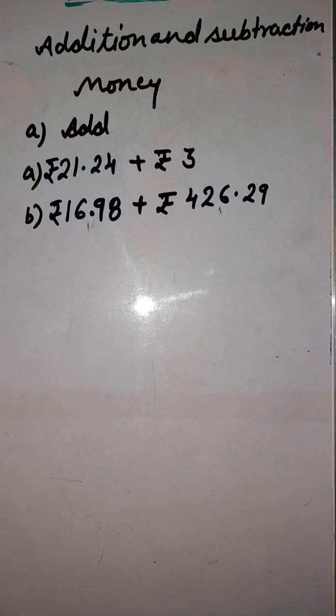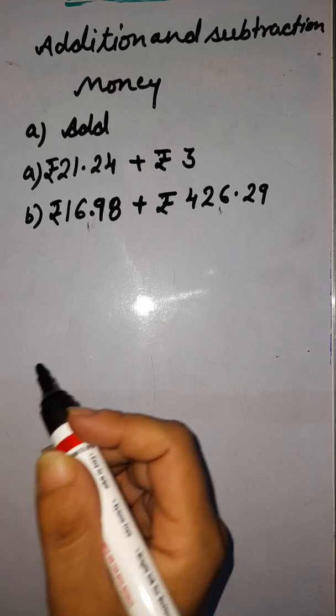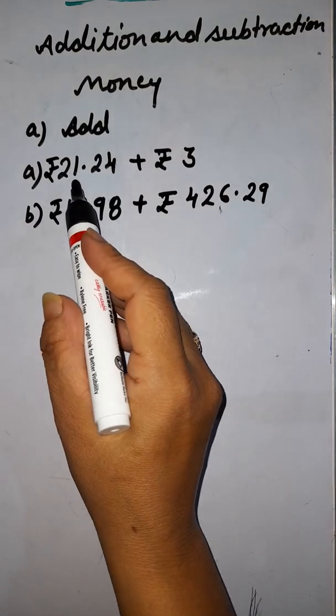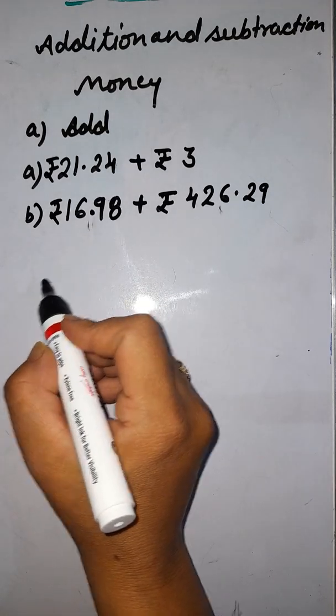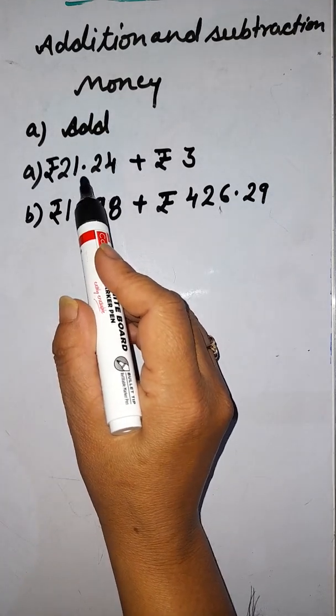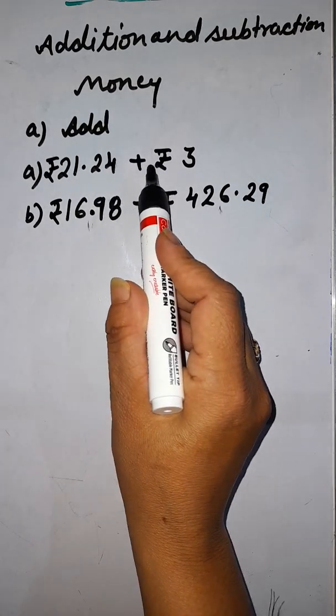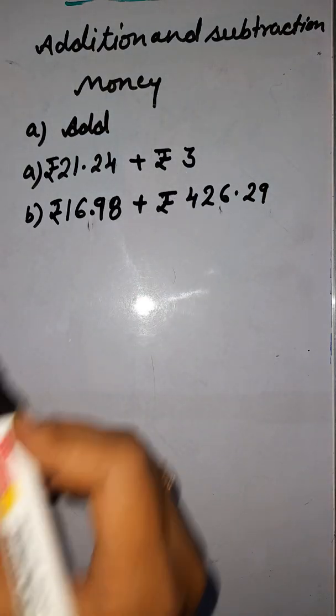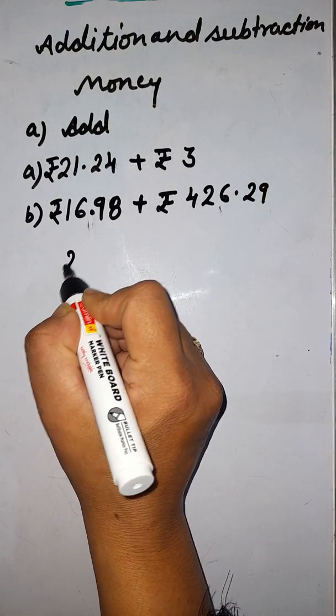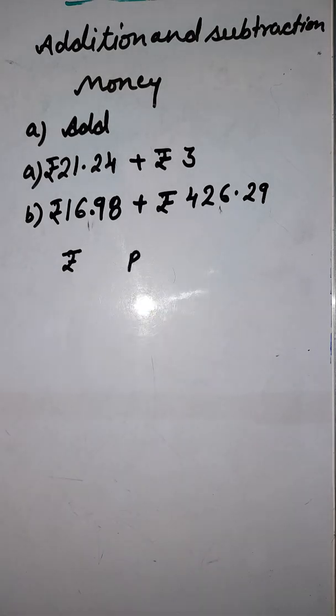First arrange the amount in proper column. So here rupees 21.24 plus rupees 3. So here we have rupees and paise.